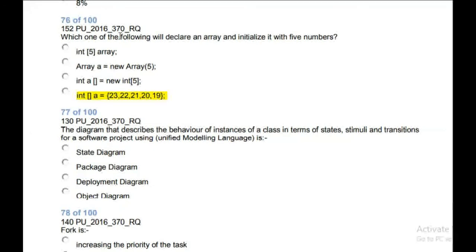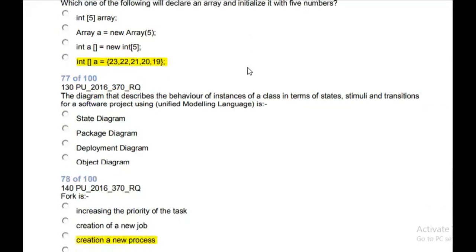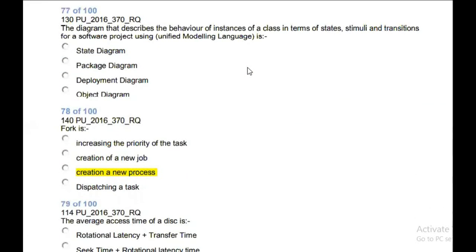So option D is the correct method for declaring an array and initializing it with 5 numbers.